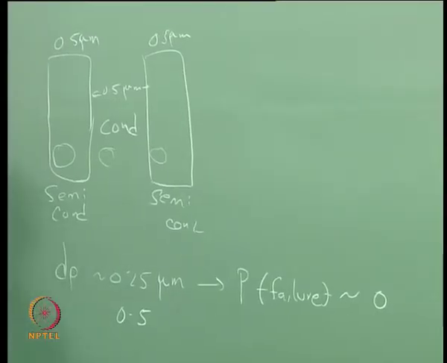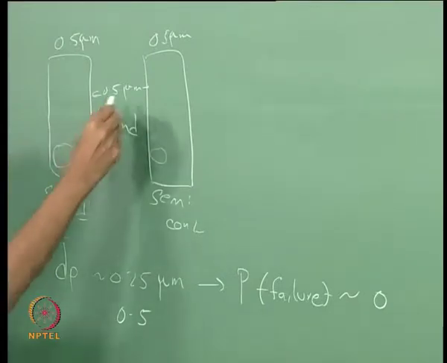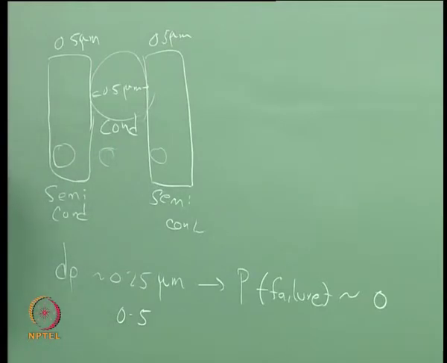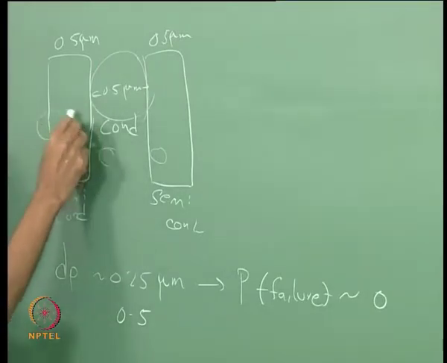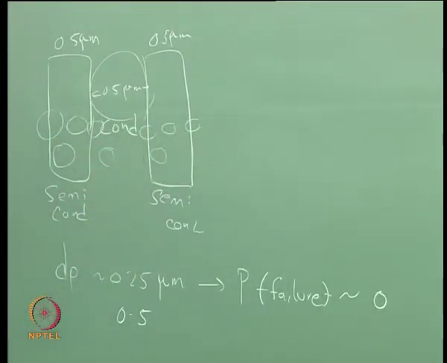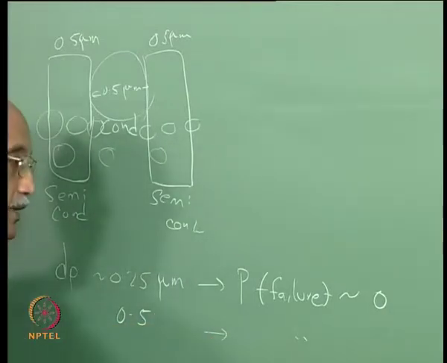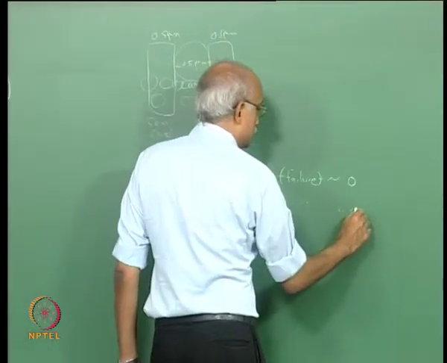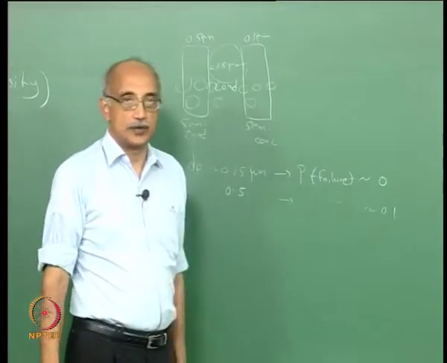Well, here again, unless it happens to be exactly at the wrong place, so it has to fall right here so that it bridges like that. That's the only way a failure can happen. If the same particle falls here or here or here, it's not going to do anything for you, right? So if dP is 0.5 microns, the probability of failure is not 0, maybe 0.1. There's a 10% chance of failure.